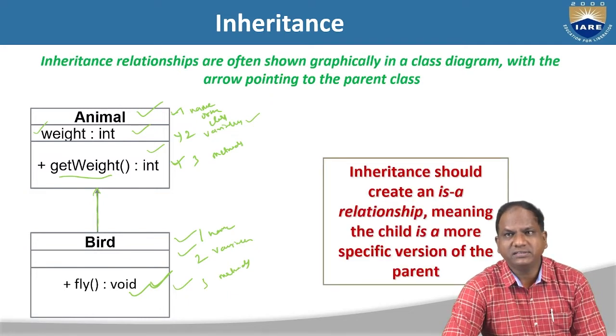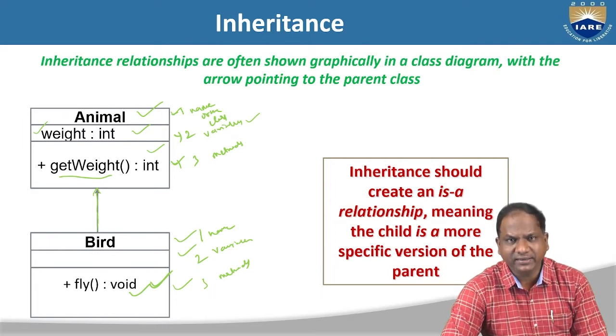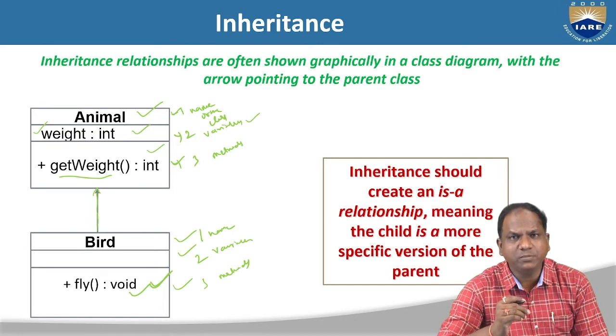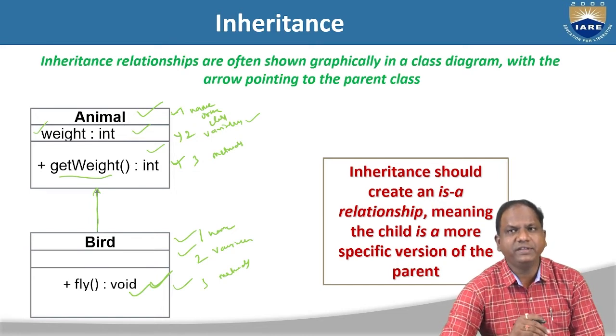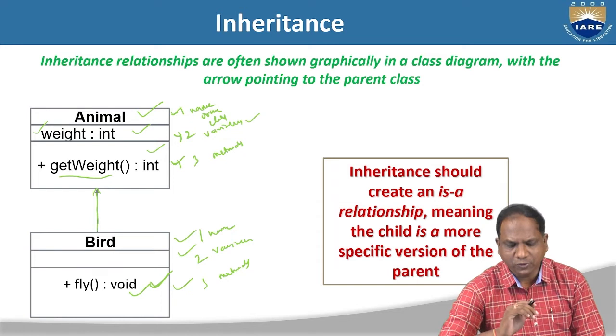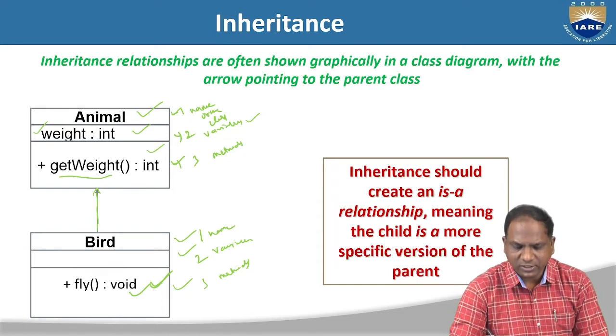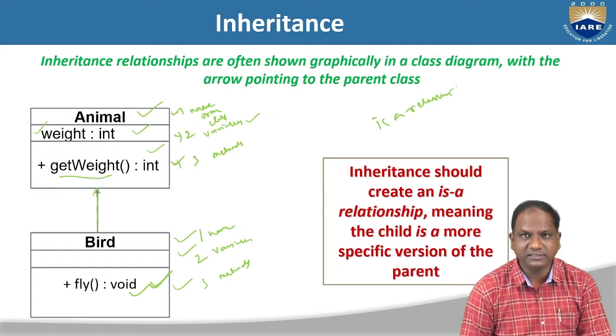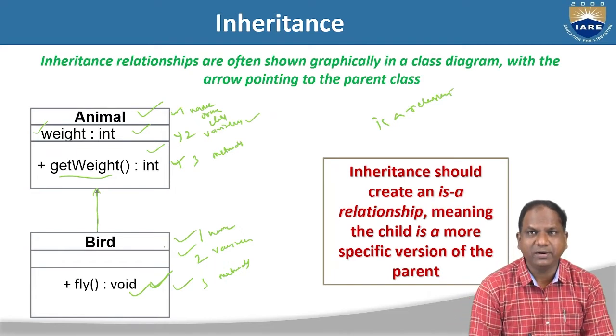So inheritance should create an is-a relationship, meaning that a child is a more specific version of the parent class. So when you are following inheritance, you have to follow the is-a relationship. Now see, is Animal a Bird?